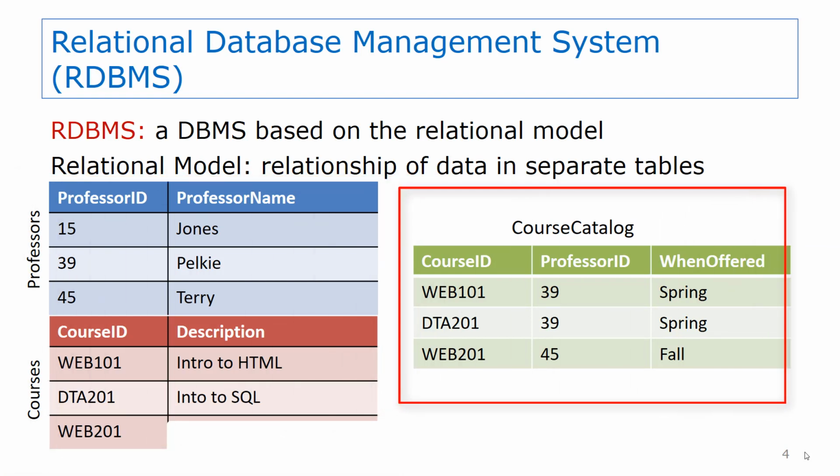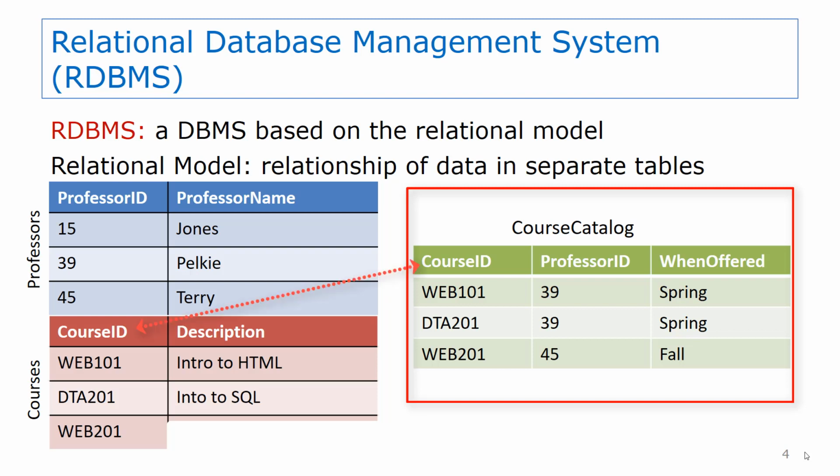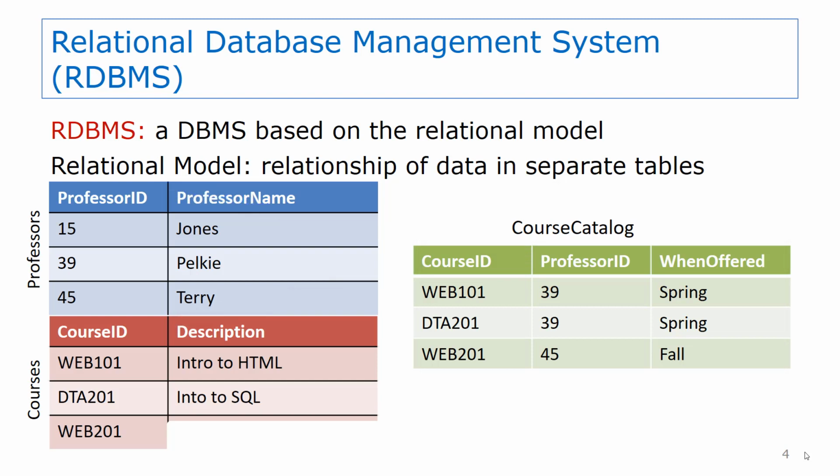The course catalog combines data from the professors and courses tables to show what courses a professor teaches. In the course catalog table, the course ID is based on the course ID from the courses table. The professor ID is based on the corresponding column in the professors table. The when offered column is defined in the course catalog. You'll learn how to work with these types of data and relations in this course.